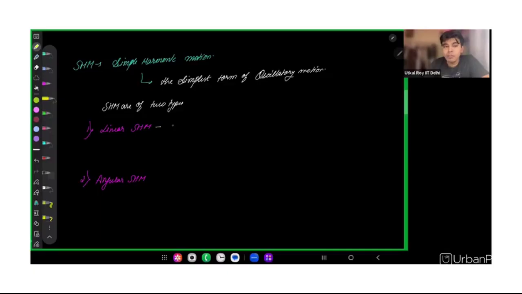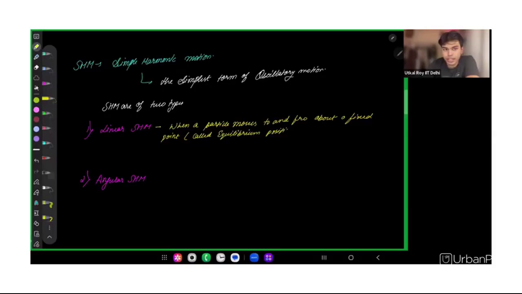What is linear SHM? When a particle moves to and fro about a fixed point called the equilibrium point or position, along a straight line, then its motion is simple harmonic motion.